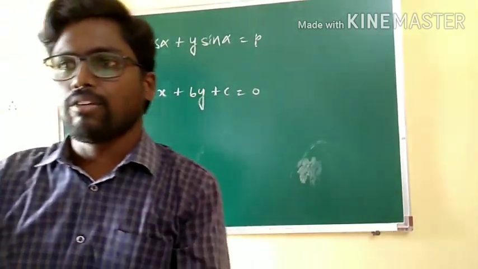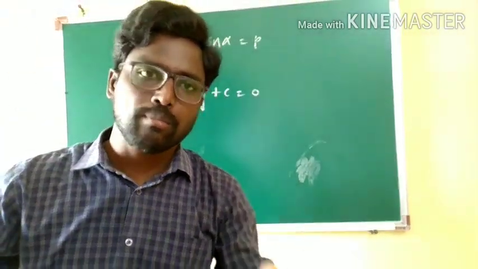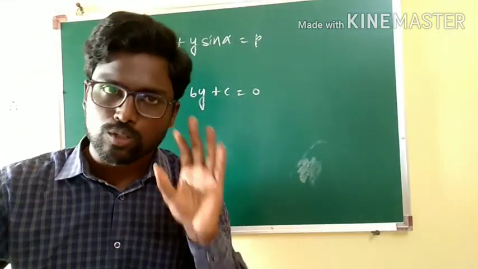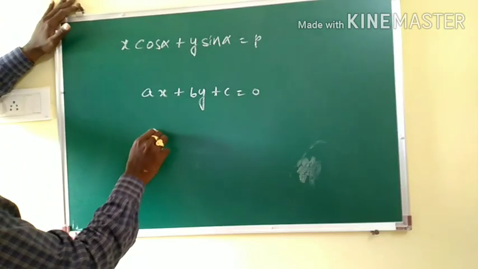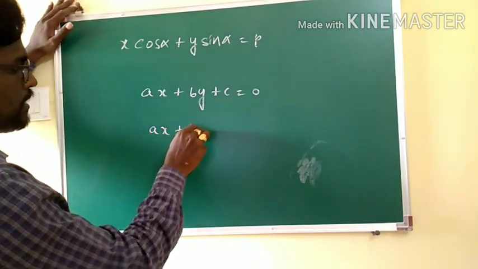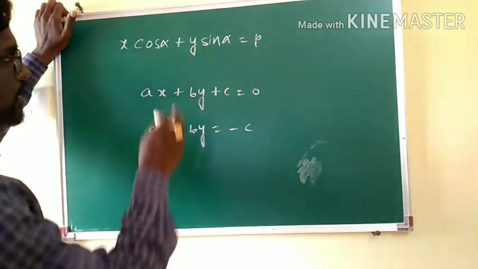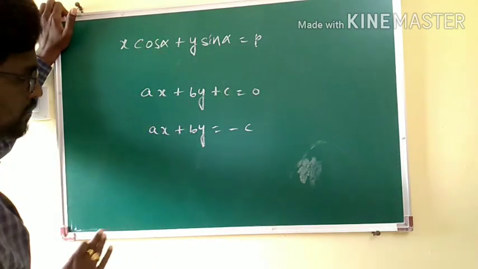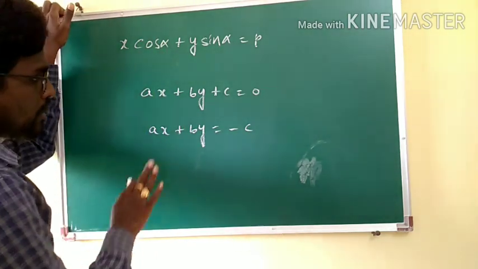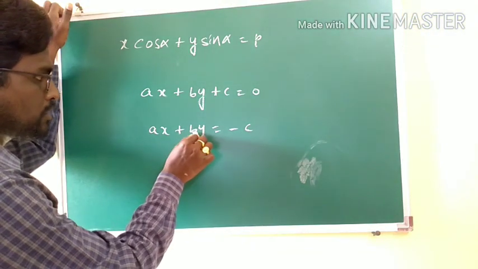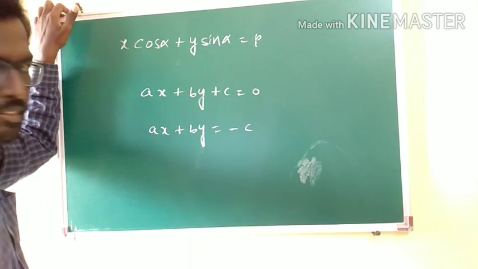As ax plus by plus c is equal to 0, we may have two possibilities. What are the two possibilities? I will write this line as ax plus by is equal to minus c. I want to convert into this format. What will I do? I will just divide by the square root of a square plus b square on both sides.